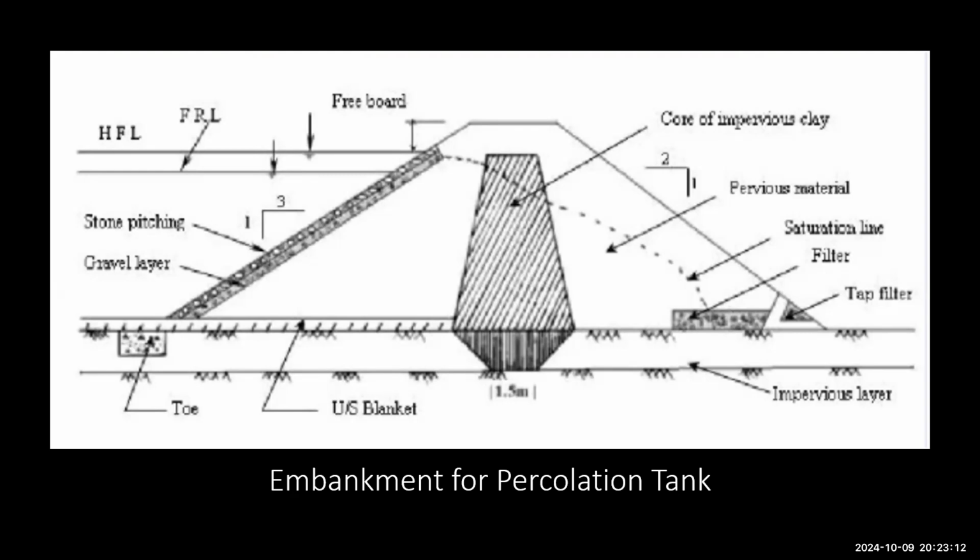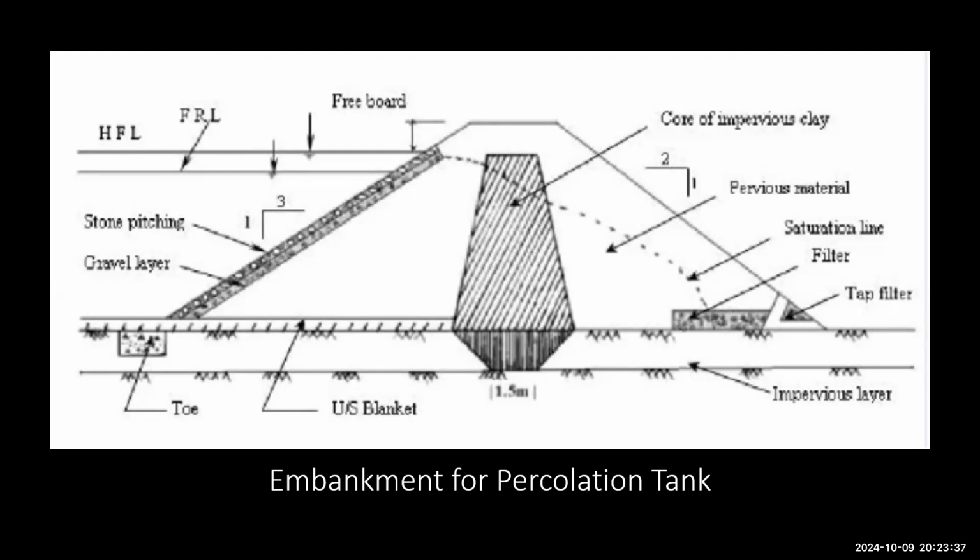And now see, this is a cross section of the earthen embankment. This is essentially an earthen dam, and the type of dam is a zoned embankment earthen dam. This earthen dam consists of two zones. Here we can say there is an internal core which is shown by hatching.